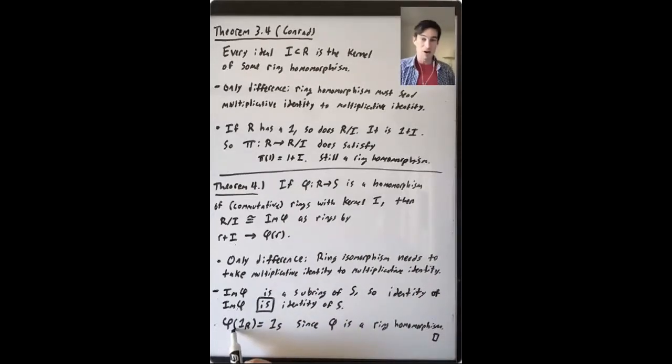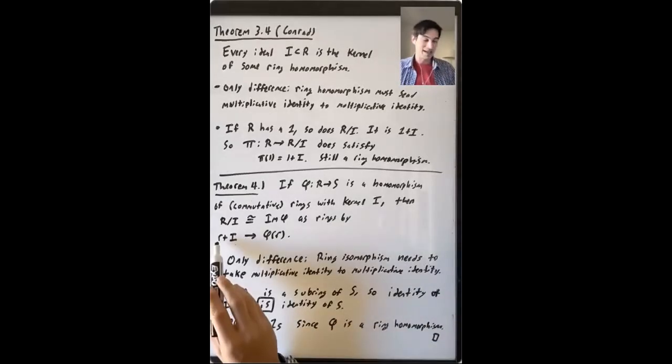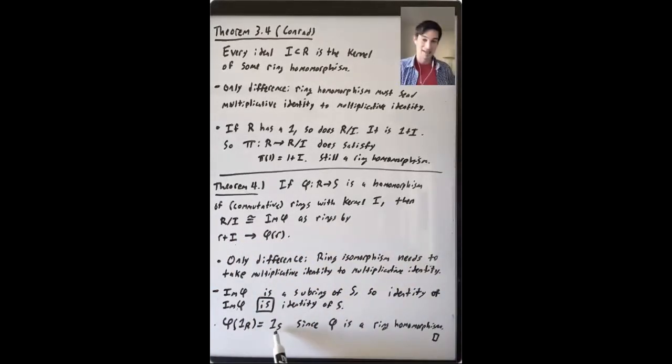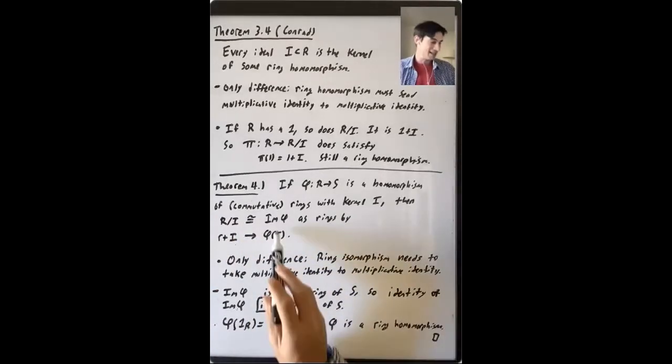Because phi is a homomorphism of rings, phi sends the multiplicative identity of R to the multiplicative identity of S, which is the multiplicative identity of the image. So if you take the multiplicative identity of R mod I, which is 1 plus I, where does it get sent? To phi of 1, which is the identity of S, which is the identity of the image of phi.